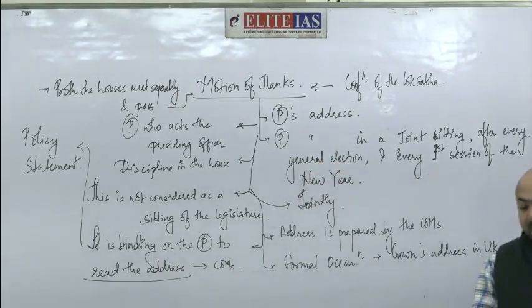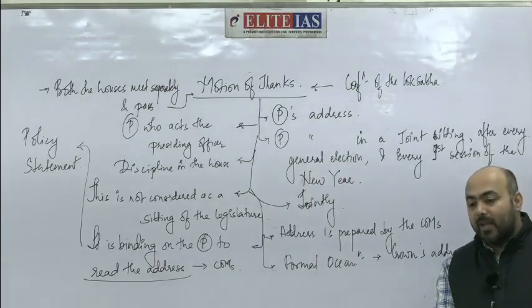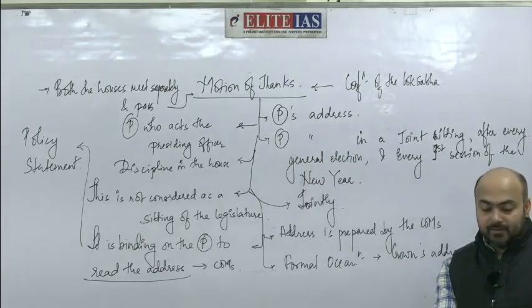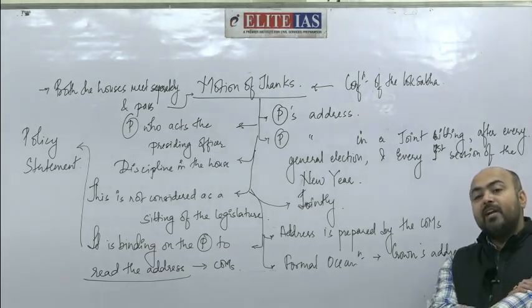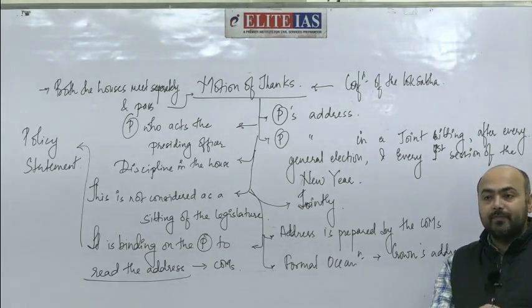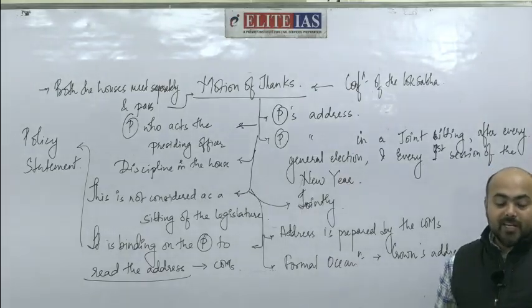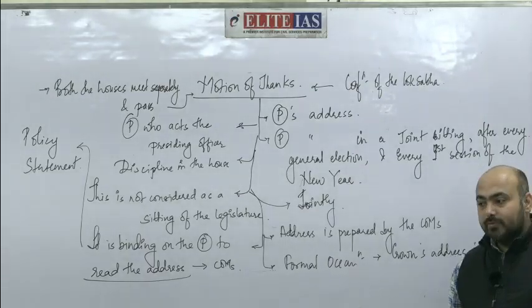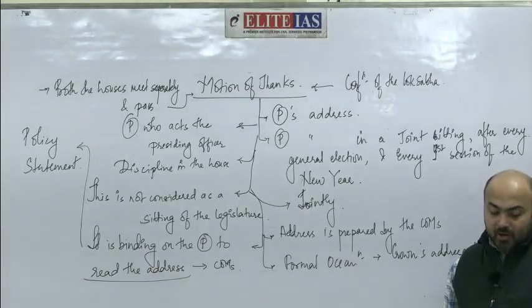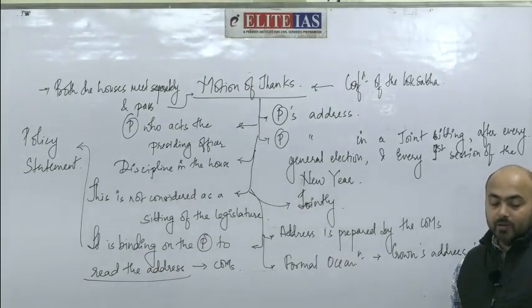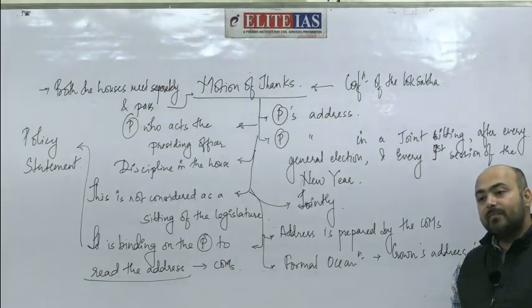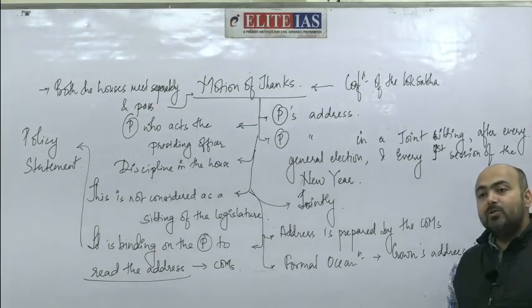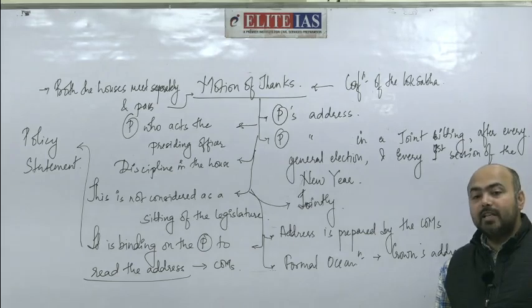If a member abstains from proceedings of the House for a period of 60 days continuously, without the permission of the presiding officer, he loses his seat.